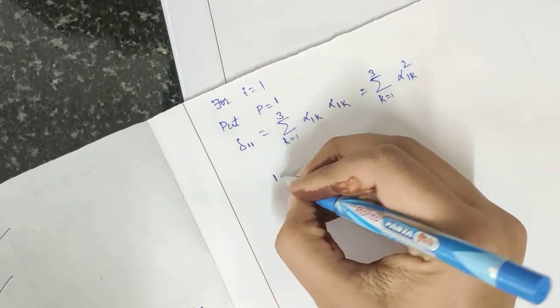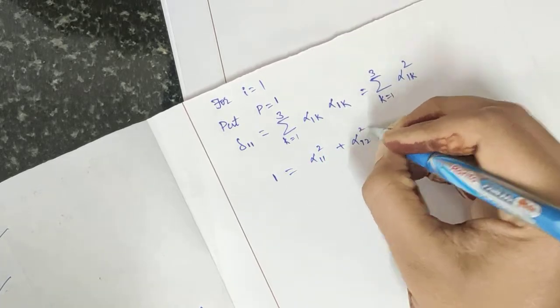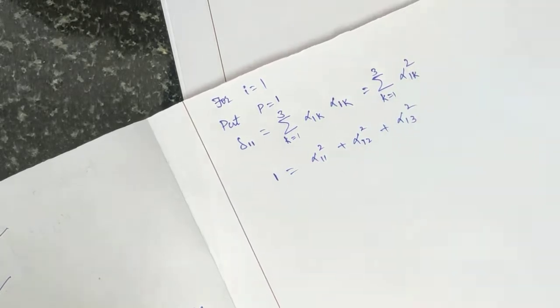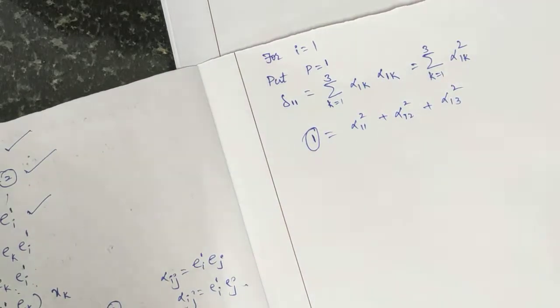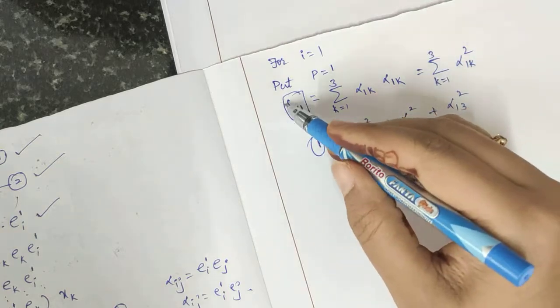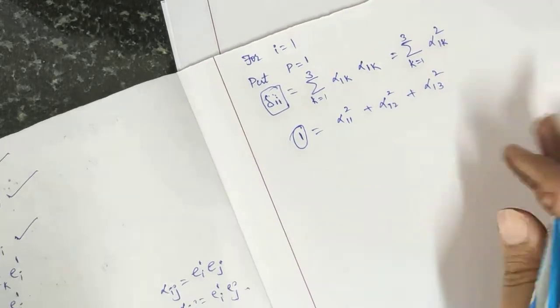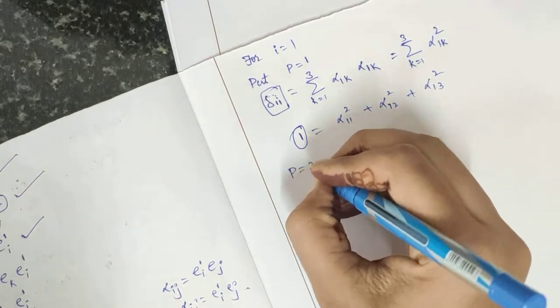So you will be getting 1 is equal to alpha 1 1 square plus alpha 1 2 square plus alpha 1 3 square. Why am I taking 1 here? Because the value of delta 1 1 is 1. We have seen this in the very beginning classes of our continuum mechanics. So similarly, take p is equal to 2.